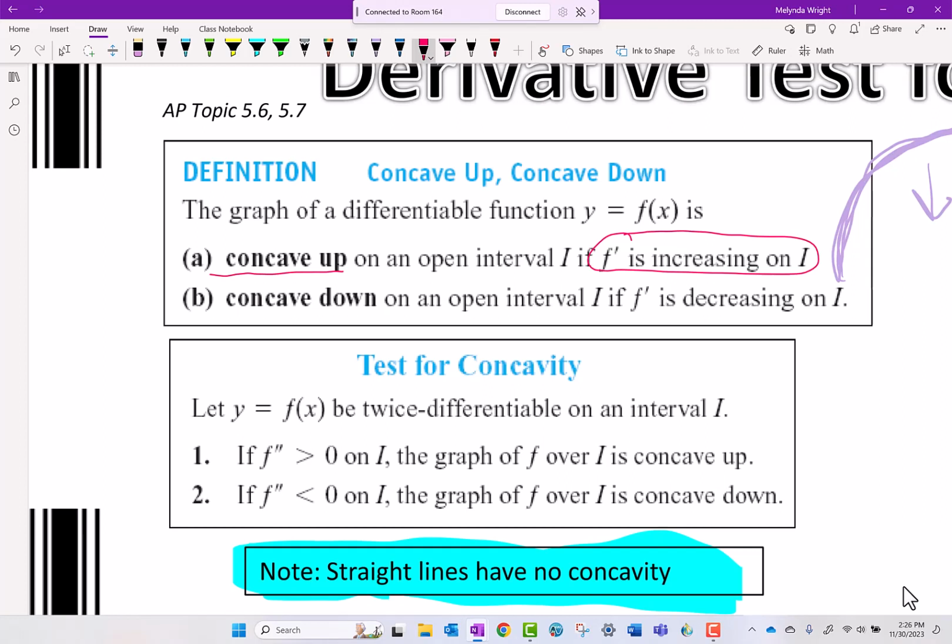Let's make ourselves a note right here. We use this if we have a graph of f prime, or only have access to f prime.